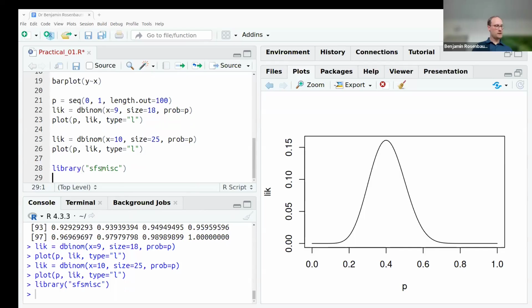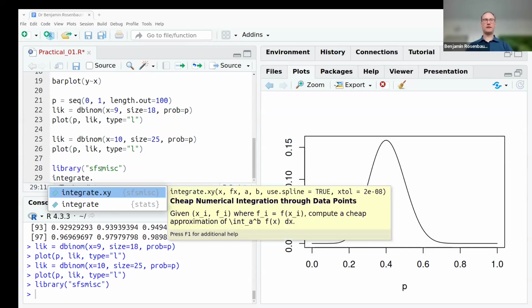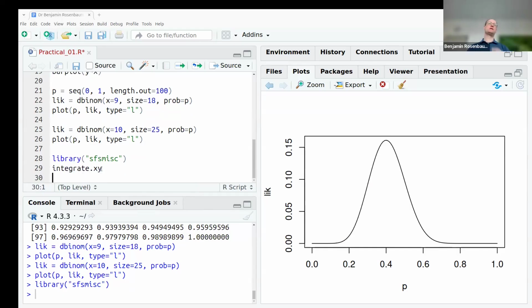And this contains a function which is called integrate.xy. This function gives you the area under the curve for a given vector of parameters that are along this curve.